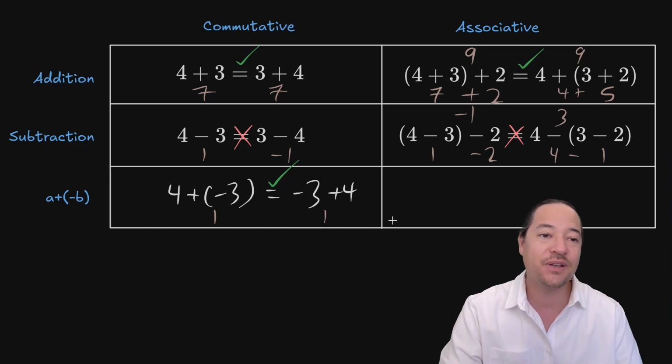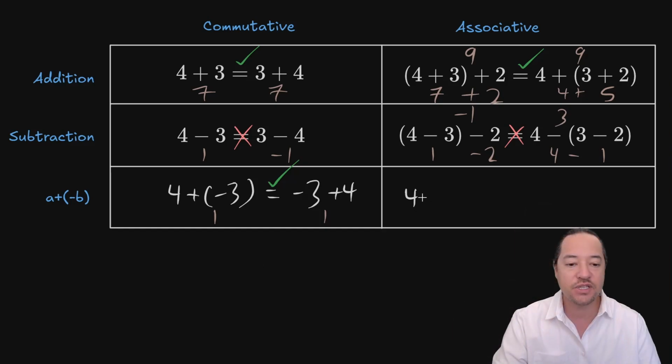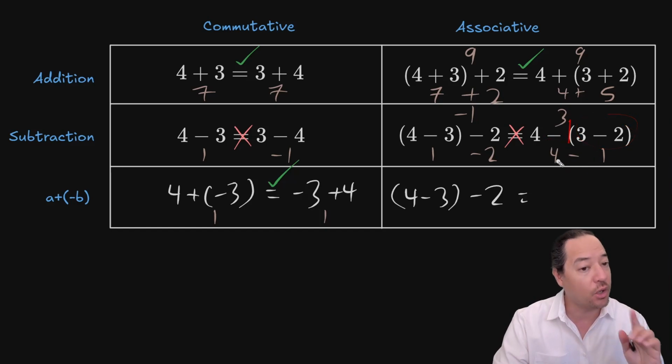Let's try the same thing with the associative property. So I'm going to write this down as, well, this first one's fine. I'll leave this as 4. We can say plus a negative 3 if you want, minus 2. But on the right-hand side, this is where I want to be a little bit careful because here we said 4 minus this entire thing. We're kind of splitting up the negative sign from the 3. We don't want to do that.